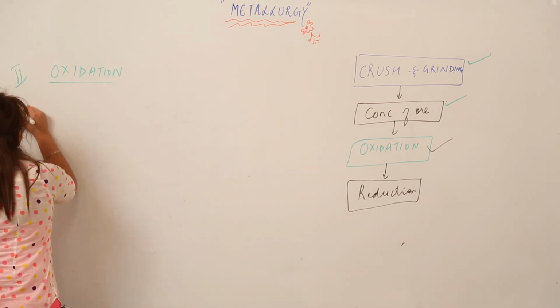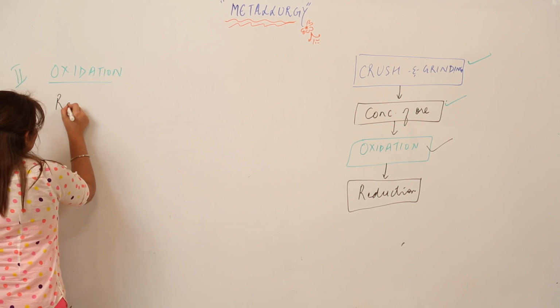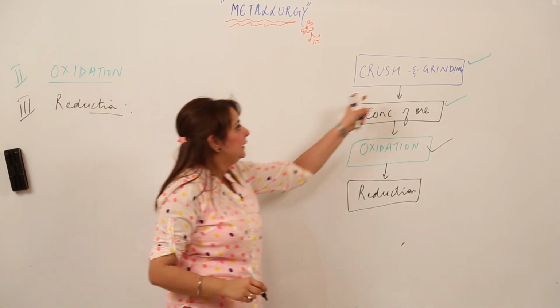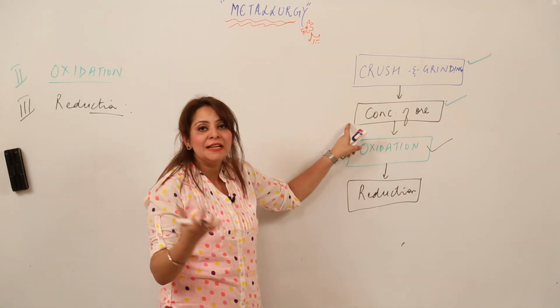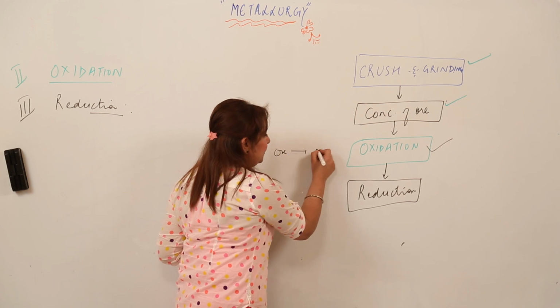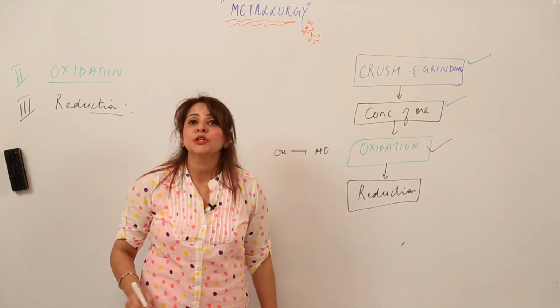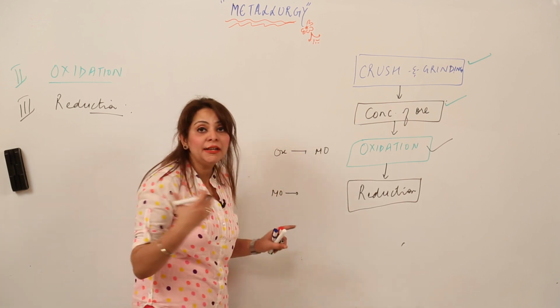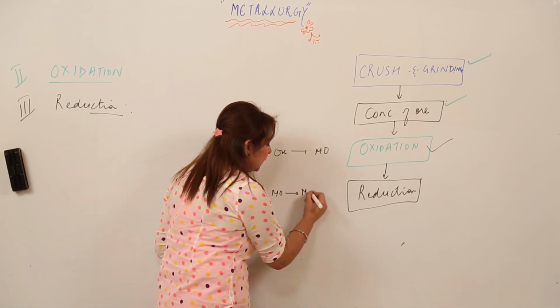So now the step we will be discussing is reduction. Earlier we had the powdered ore, then we concentrated the ore, and then we converted the ore into the metal oxide. Now in reduction we will be employing certain methods so that our metal oxide gets separated from oxygen.